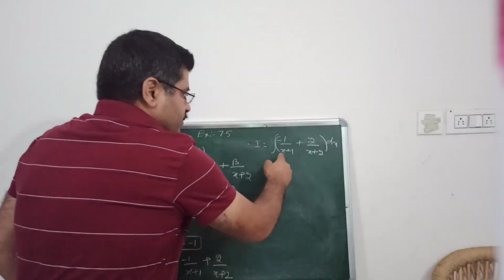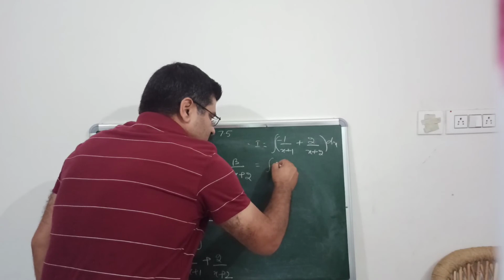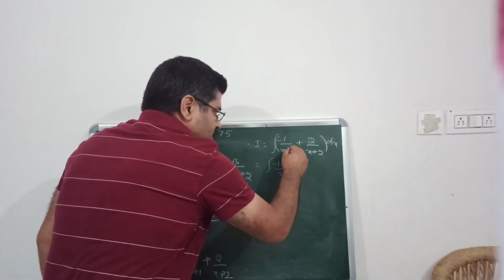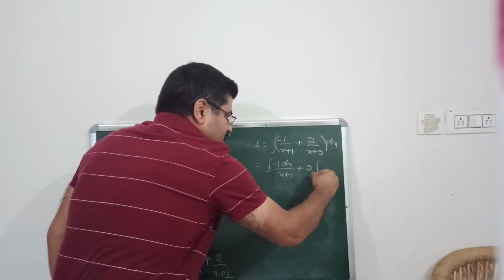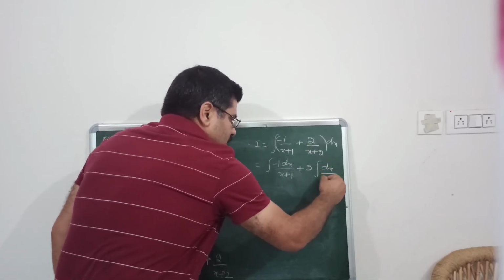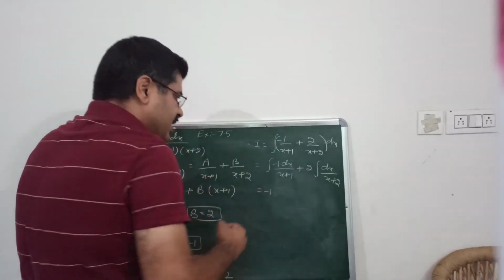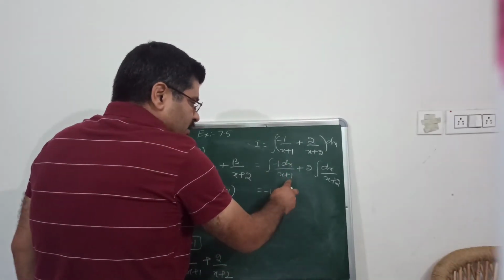Now we will separate these two functions. This can be written as minus the integral of dx upon x plus 1, plus, let us take this 2 outside, the integral of dx upon x plus 2. Take this minus sign outside, and it is 1 upon x plus 1.